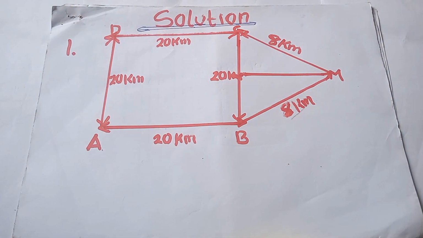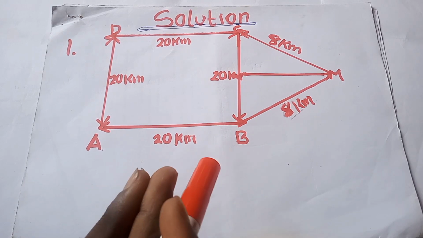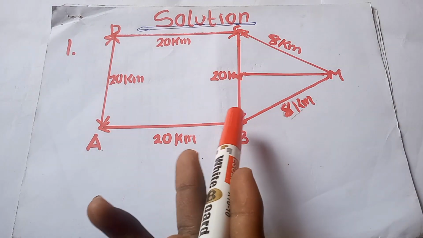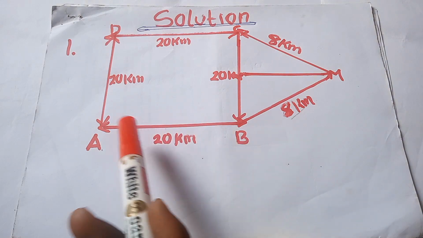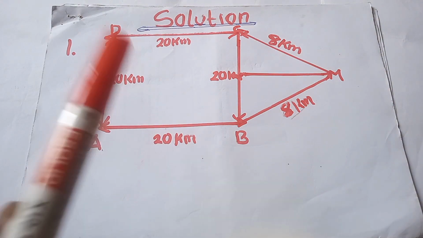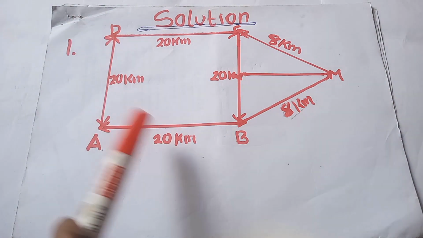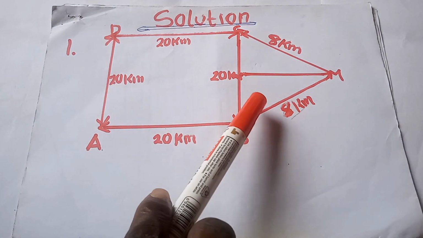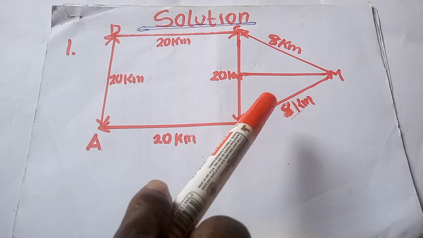It is very, very simple. The first thing to note is that this particular map contains a square and a triangle. The first thing to do is calculate the area of this square, and the area of a square is what? Length times length, which is 20 times 20. I will be demonstrating that. And another one, the area of a triangle.